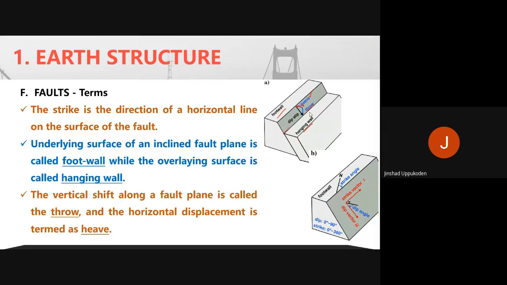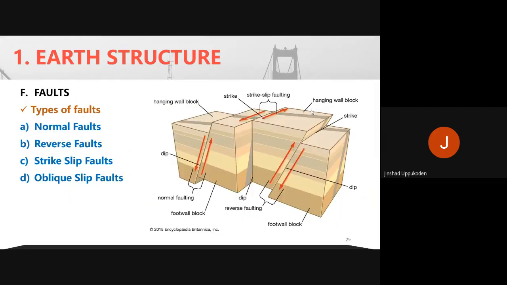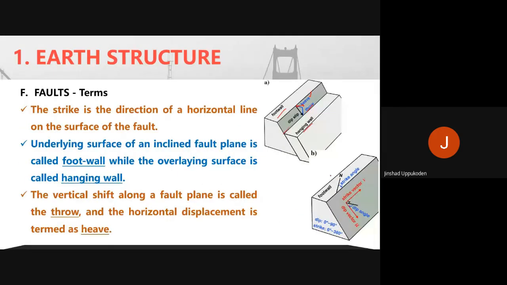Even though it is occurring in an inclined way, we are talking about the horizontal and vertical distance. Then we have the strike angle and the dip slip, which is the inclined displacement, the resultant of both the heave and the throw.